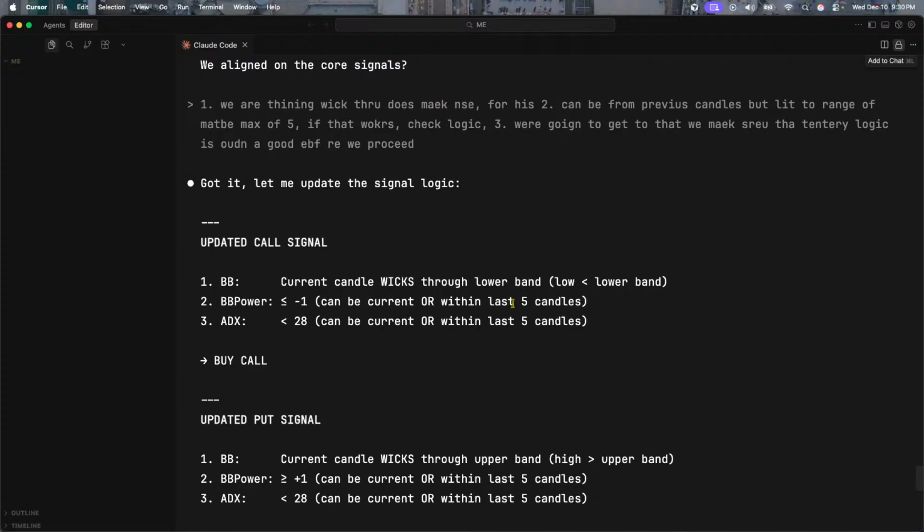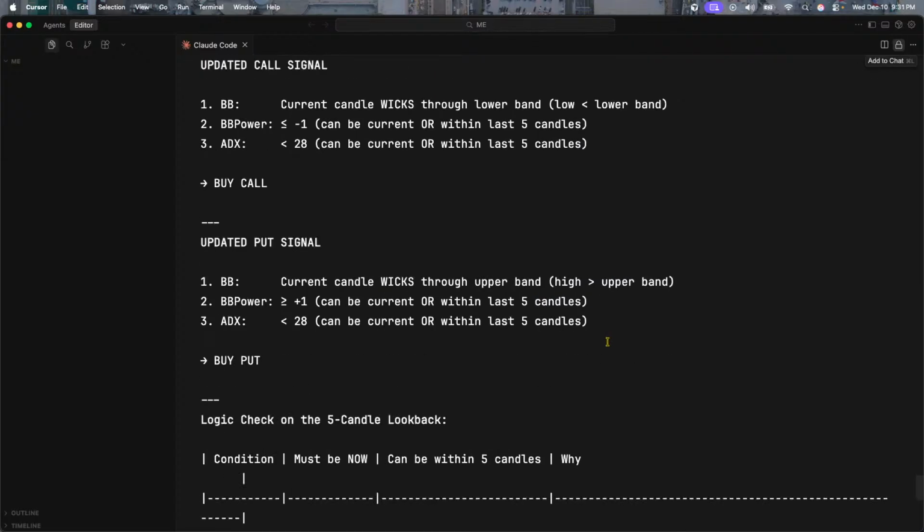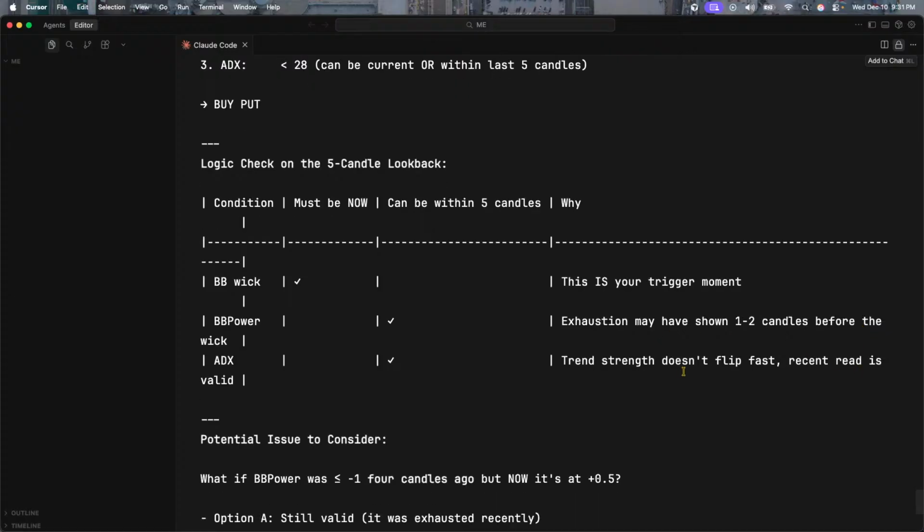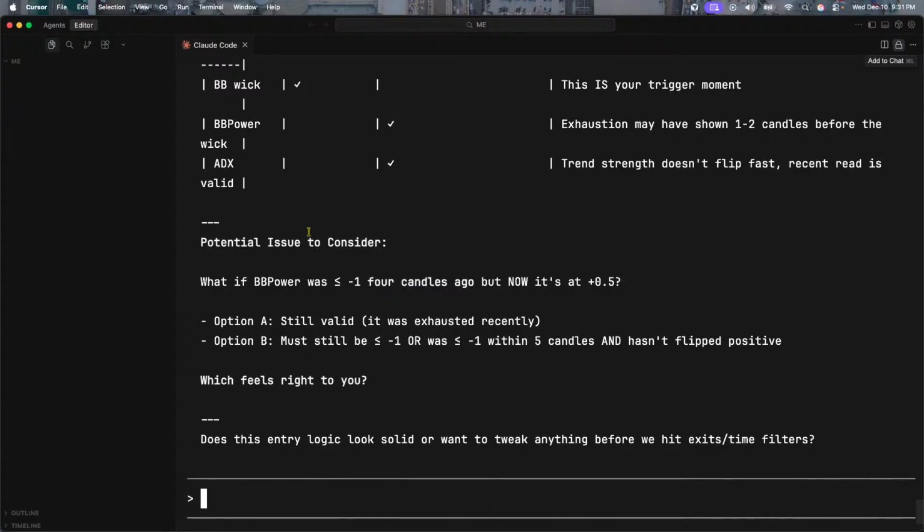Okay, we went over all this: current or within the last 5. So this is your trigger. Exhaustion shown within 1 to 2 candles before the wick. The trend strength doesn't flip fast. Recent is valid. Potential issues to consider: if the BB power is less than or equal to 1 four candles ago, but now is at 0.5, is it still valid?